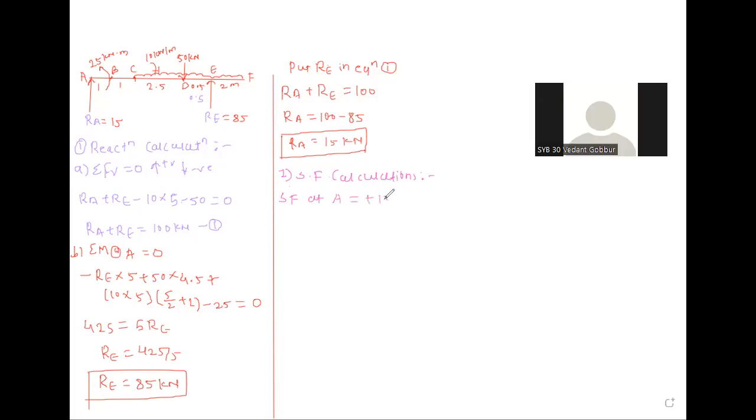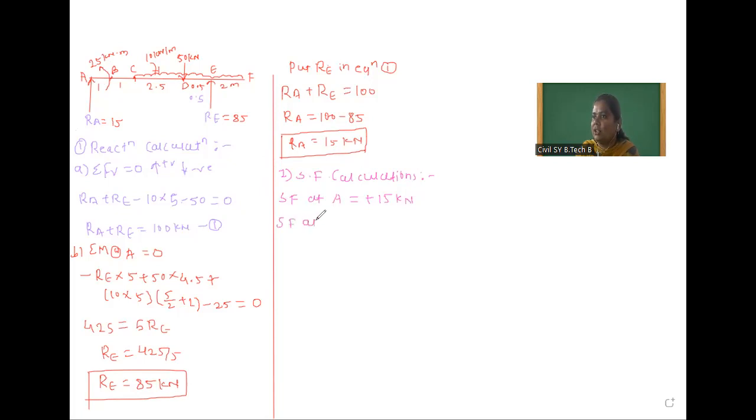Plus 15 because this force is going upward. After that, you observe here, in between A to B there is no force. And at B there is no vertical force because this is a moment couple and we are dealing with vertical forces. So shear force at B again is plus 15 kilonewton.